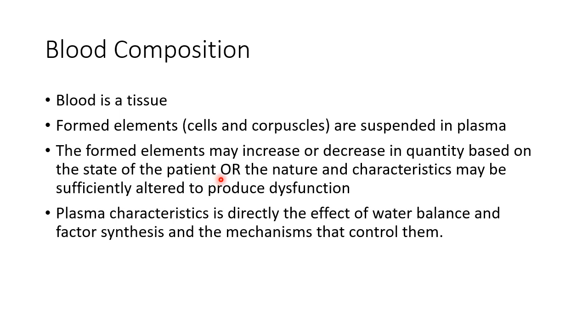Or what may happen to the formed elements is that the nature and the characteristics may be altered sufficiently to produce dysfunction. For example, when a patient is exposed to a diet that is poor in iron, what can happen is there will be insufficient iron to produce hemoglobin.